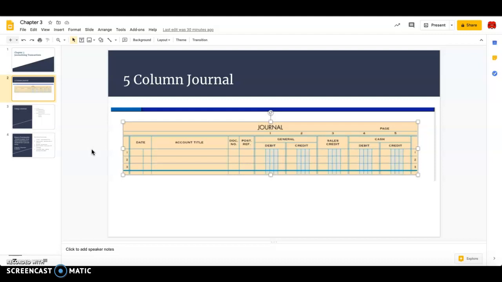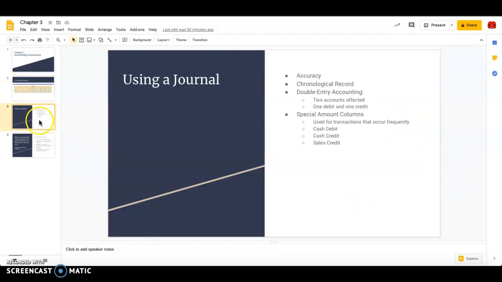When businesses take transactions and put them into a journal, that's called journalizing. So if you hear me say that, that's what it means. Here are your 5 columns, column 1, 2, 3, 4, and 5. This is what our journal is going to look like.